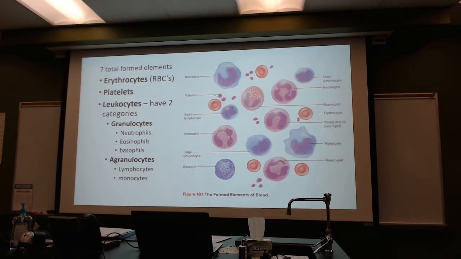They would want to determine for that patient what is the number of red blood cells they have, what is the number of platelets they have, and then which white blood cells are present and in what amount.